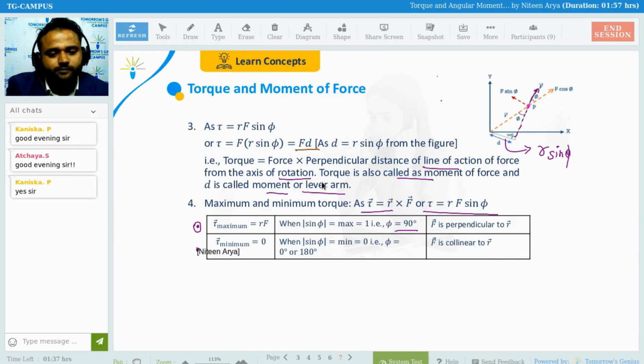Whenever we have a cross product, the two physical quantities give the maximum result only if they are perpendicular, and they give the minimum if they are parallel or anti-parallel. Parallel means the angle is 0 degrees or 180 degrees. So in both cases we get the minimum. Clear?